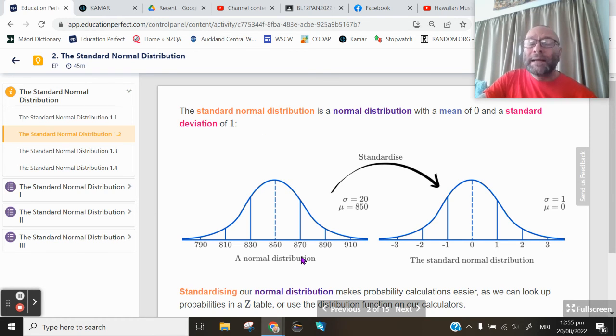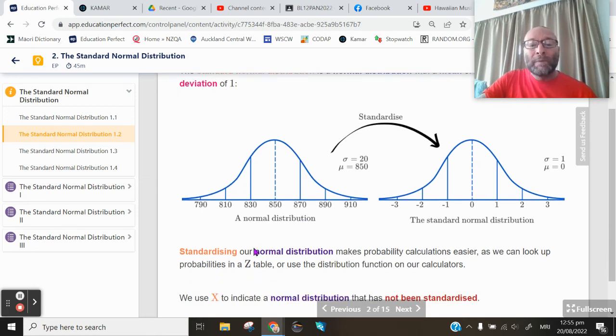Because if we had a normal distribution where the mean is 850 and each standard deviation is 20, that's going to make it challenging to compare to something that doesn't have that exact same size. So you are going to standardize a normal distribution, and that's going to make our probability calculations much, much easier. And that's going to allow us to look up these probabilities in a Z table.